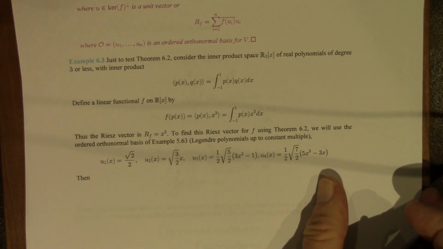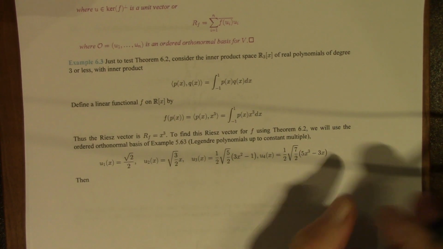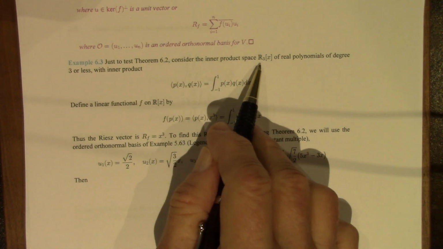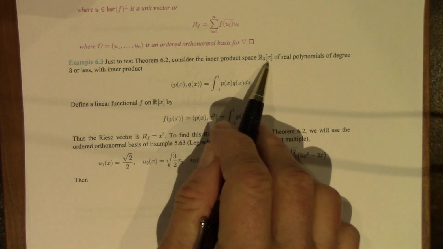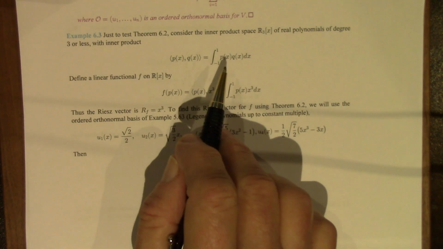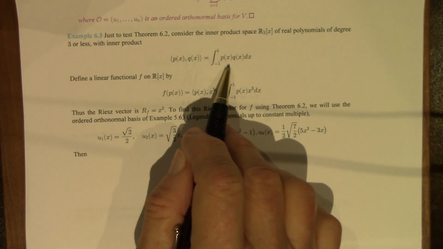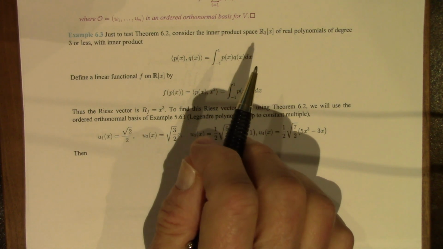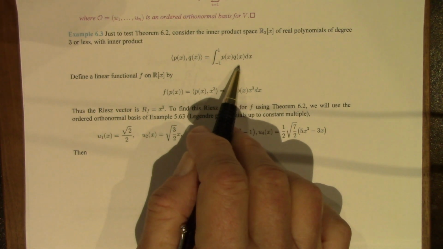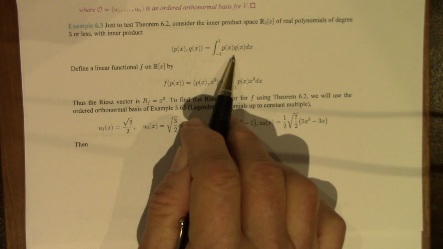So let's test this out. We'll consider the inner product space R3[x]. So these are the real polynomials of degree 3 or less. And we'll take this inner product that, if you may recall, is the inner product for the Legendre polynomials. So we've discussed this inner product before.